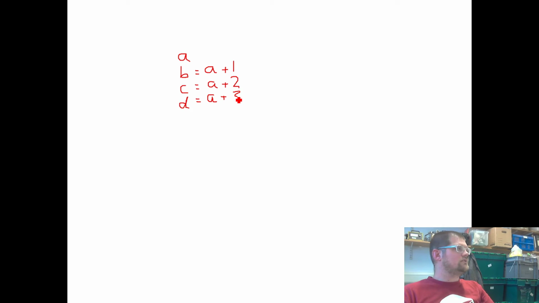You could have worked these out separately as different equations, that C equals B plus 1 and D equals C plus 1, but then you'd have to substitute in the previous equation to work out the next one. I mean, let's just do that.